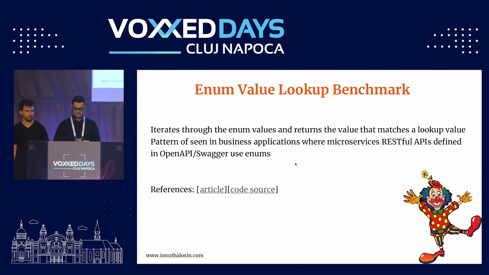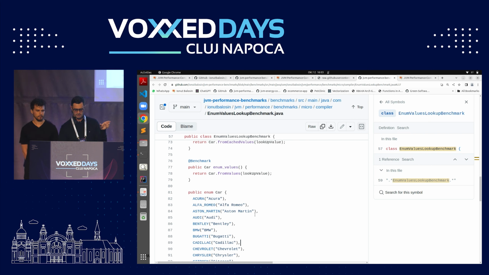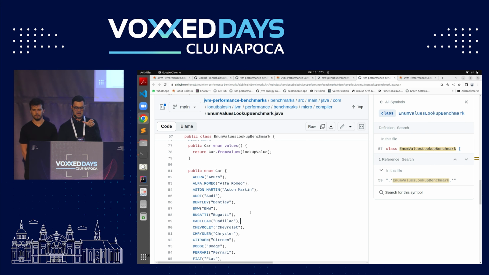This happens especially if you create RESTful APIs and you get a request. That request is deserialized, and if you have a field which is mapped to an enum, this is what happens actually. The field itself is matched to the corresponding enum entry.